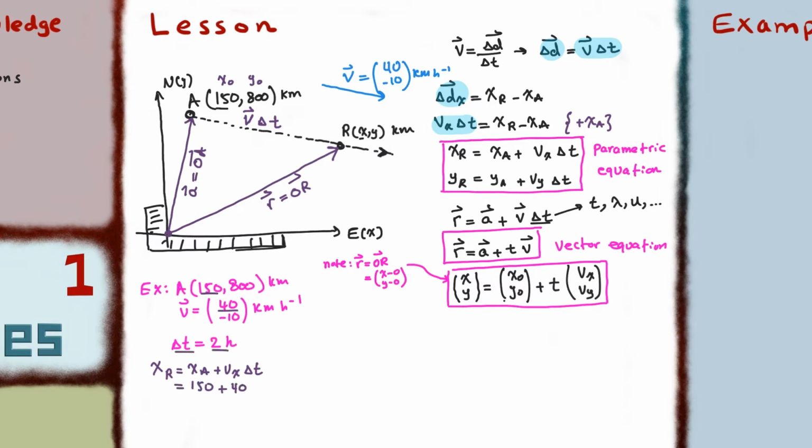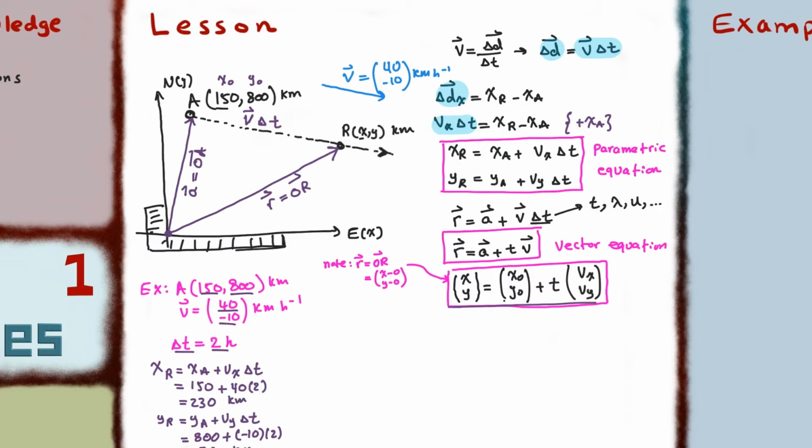The initial position in x is 150, velocity is 40, and the time is 2, so that's going to equal 230 when we add them all together. We can do the exact same operations for the y direction, so the initial position here 800 plus the velocity in that direction, negative 10 because it's south, multiplied by the change in time 2, which will give us 780 kilometers.